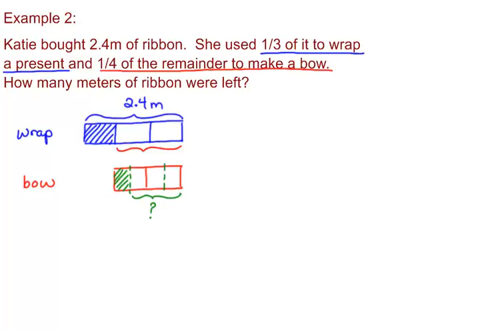Alright, so first of all, let's figure out what each piece is in our wrap. So if I take 2.4 and I divide that by 3, because I had 3 pieces, then I get 0.8 meters. So each section is 0.8 meters.